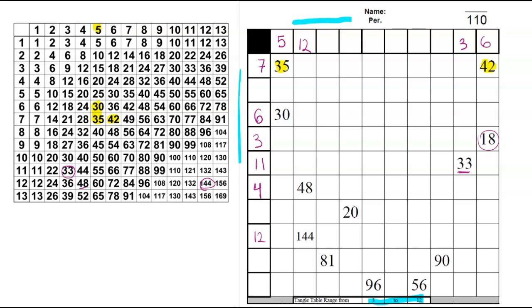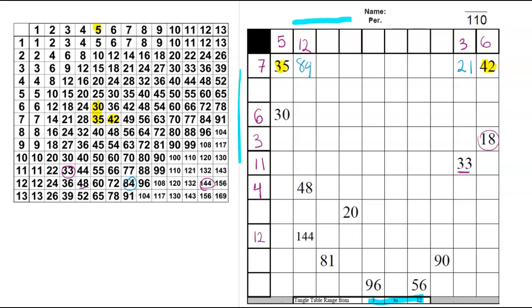Okay, so once you have filled out your chart, then what you are going to do is fill out your multiplication tables, right? So I could do this. I can say, what is 7 times 12? And 7 times 12 is 84, so I'd fill that out. 7 times 3 gives you 21, right?